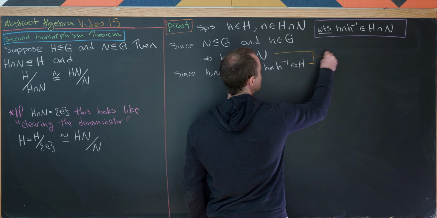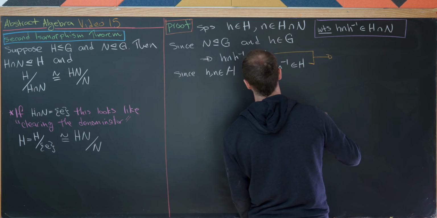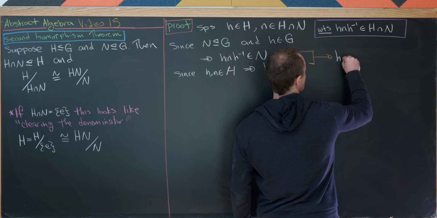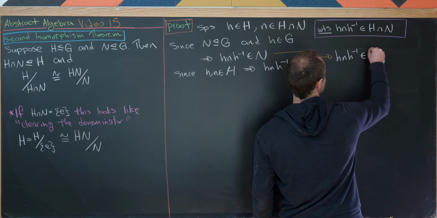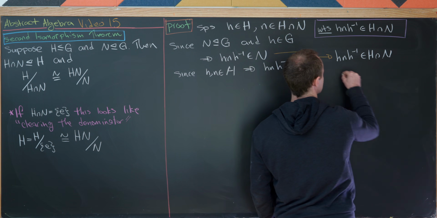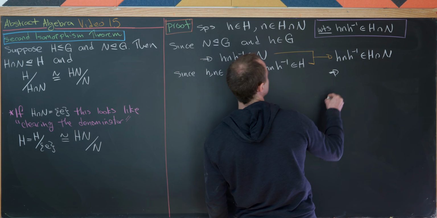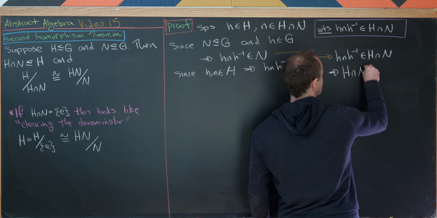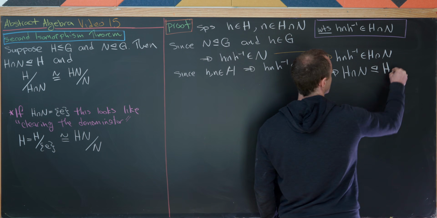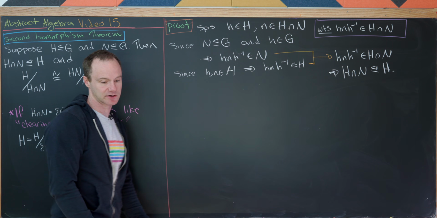But now putting these two things together, we get exactly what we need. We get hnh inverse is indeed inside of H intersect N, from which it follows that H intersect N is a normal subgroup of H, as desired.